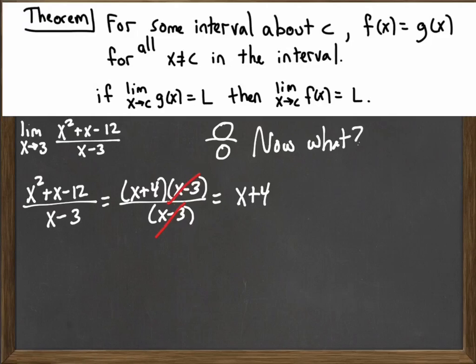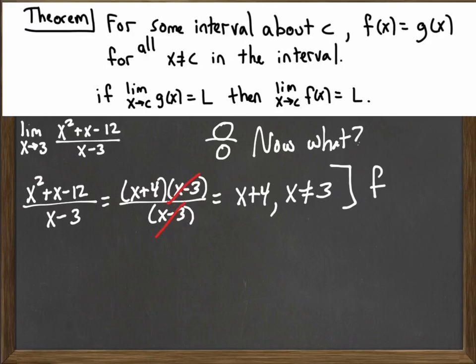So there has to be a caveat, an extra condition here. That simplification is okay as long as x is not equal to 3. If x is equal to 3, then we can't cancel out 0 over 0. And so that's our f function. f is equivalent to the function x plus 4, provided x is not equal to 3.